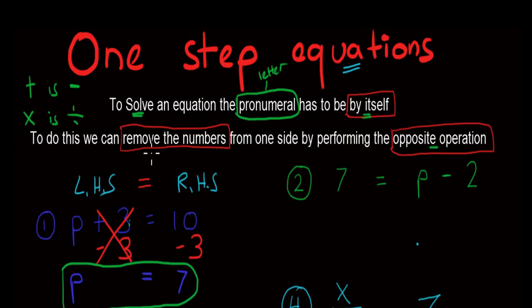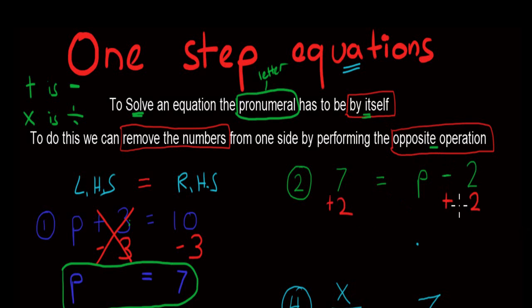Next example, we've got 7 equals p minus 2. In this case, the p is on that side. It really doesn't matter which side it is. We do the same thing. We look at what sign there is. In this case, we have the minus. Remember, we have to do the opposite operation to get rid of it. So we want to get rid of minus 2, so we do plus 2 to both sides. The reason I do that is minus 2 plus 2 cancels out.